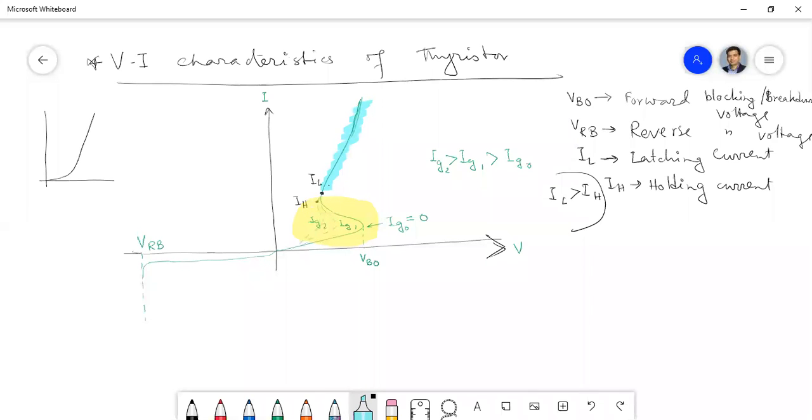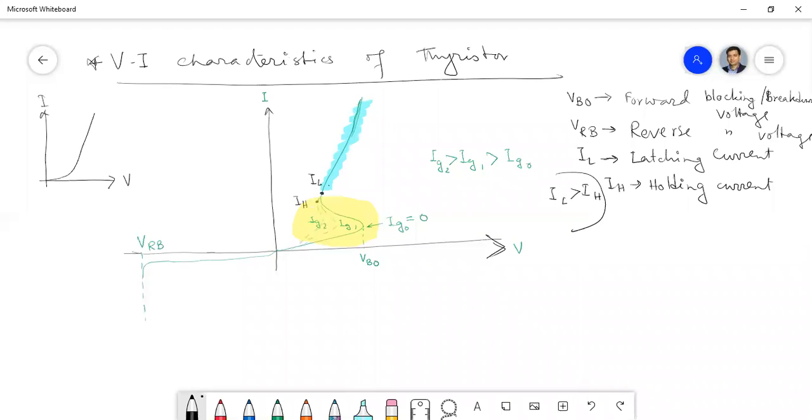Only the starting phenomenon is different. We need an additional control signal to start the device. So that is the difference here. Okay, understood? And in the reverse side it is almost the same.